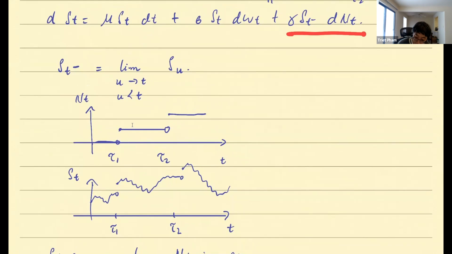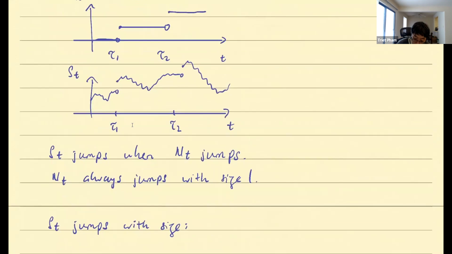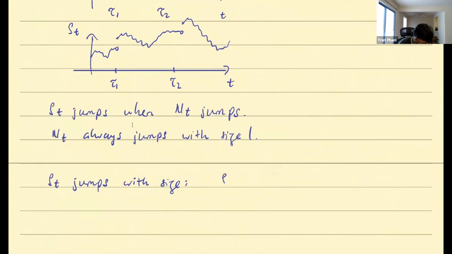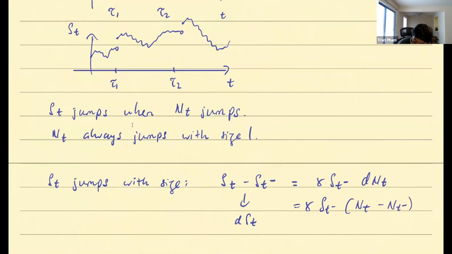And right here is a recipe. What it says is ST minus ST minus, this is dST, is equal to gamma ST minus dNT, but the dNT here is NT minus NT minus, which is a fancy way to write 1.